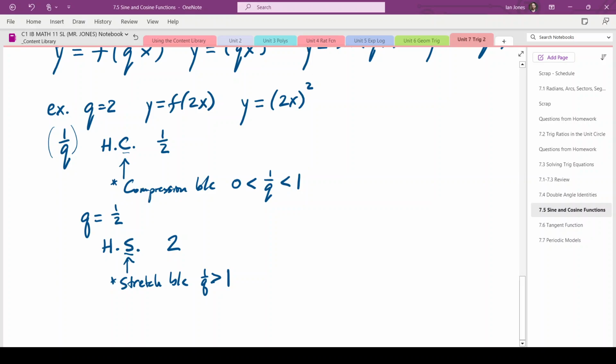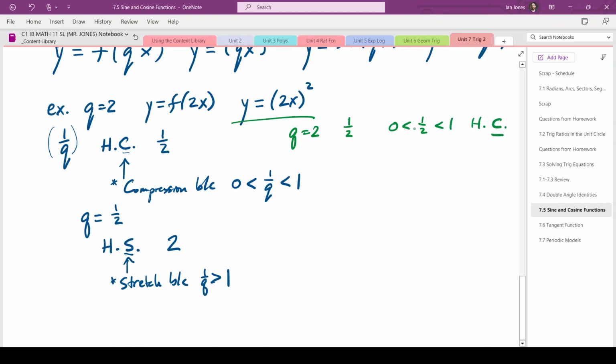Let's take the first case here. In this first case, I took y equals (2x) squared. Okay, so q is 2, so the effect is going to be 1/2, and because that 1/2 is between 0 and 1, we're getting a horizontal compression.